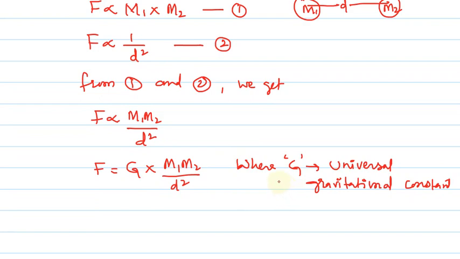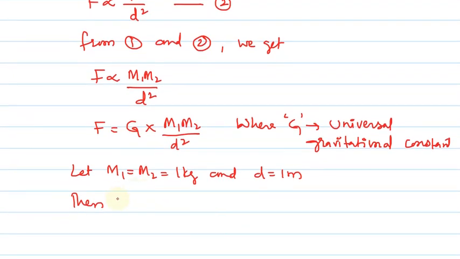So let us define what G is. Let M1 equal M2 equal 1 kilogram and the distance between their centers be 1 meter. Then the expression can be written as F is equal to capital G into M1, which is 1 kilogram, and M2, which is 1 kilogram, upon the distance d square, which is 1 meter squared.